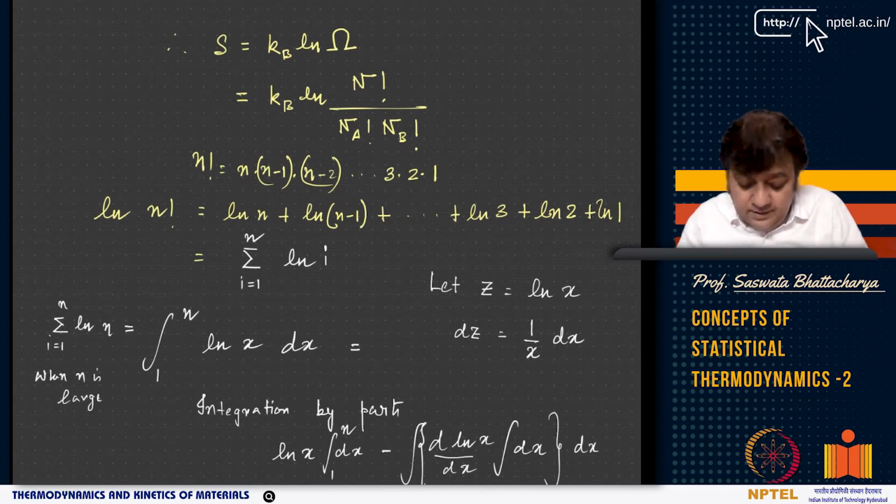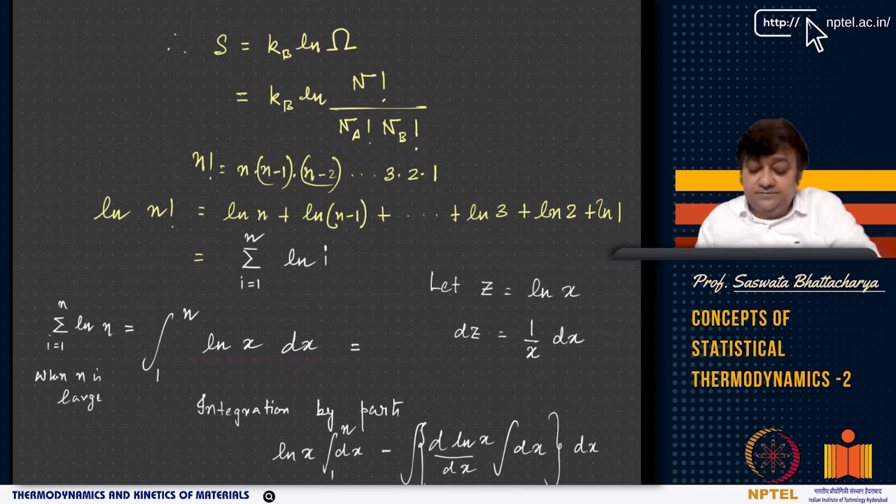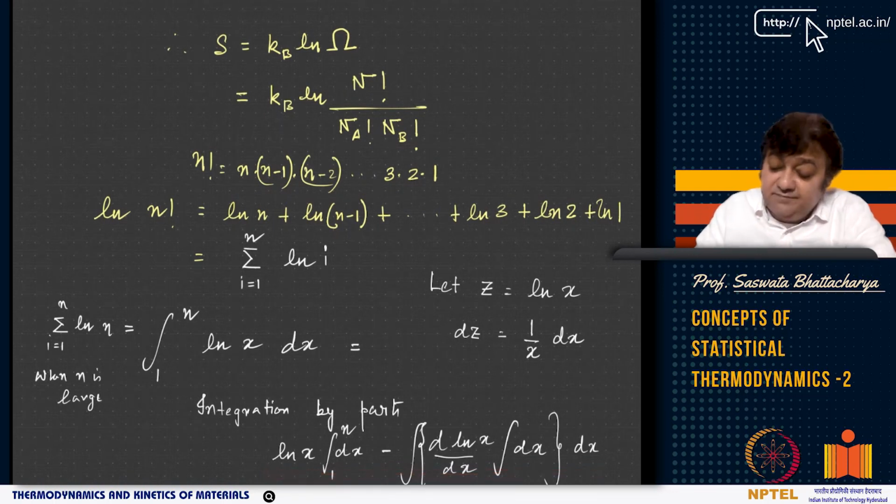Now look at this, the summation can also be written in a continuous way by using an integral. So basically limits are from 1 to n and you have ln x dx. Now if you have ln x dx, you can do integration by parts. Here I have done integration by parts.